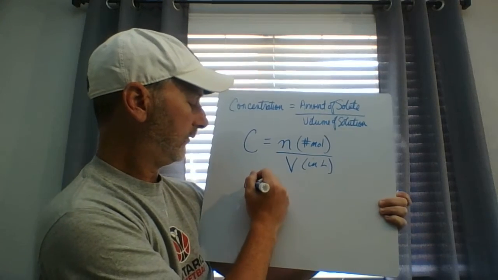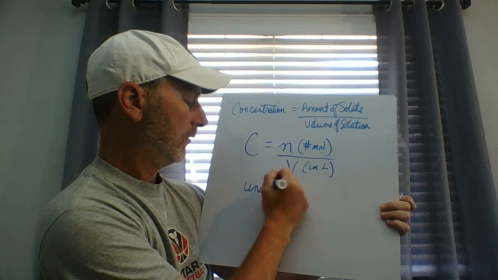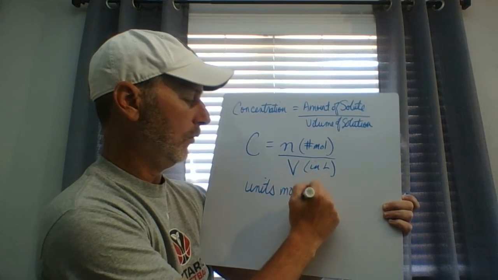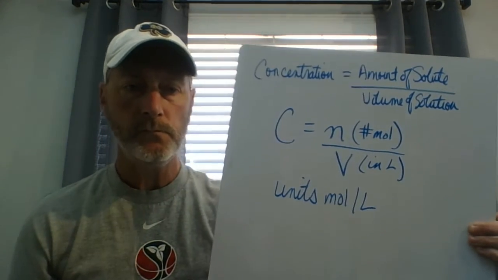So our units are moles per liter. Okay, that's important to recognize because when we've got a unit where it says it has to be in liters, and we don't get it in liters, that's going to mean you're going to have to do some conversion. Okay, and that's going to happen periodically as well.